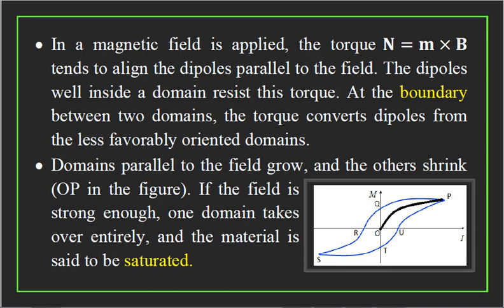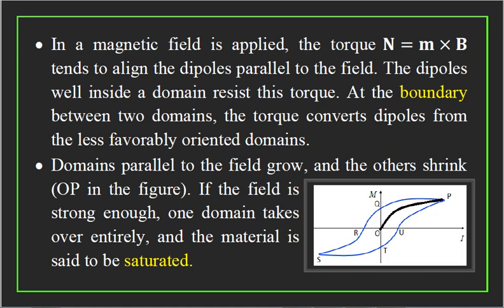So originally it is not magnetized. As current increases, the magnetizing field also increases. So the magnetization increases because the domains parallel to the field increase their size, and when the field is very strong enough, one domain takes over entirely.